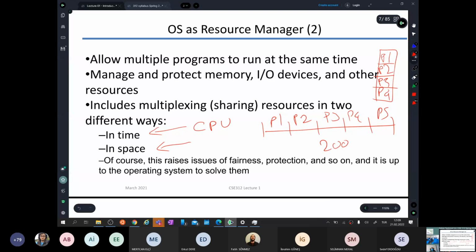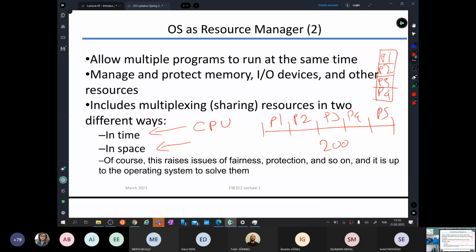Okay. Issues of fairness. I have to be fair between the users and the processes. I have to be careful about protection and security. Okay. And these will come into play and we will talk about them in detail in the coming chapters.